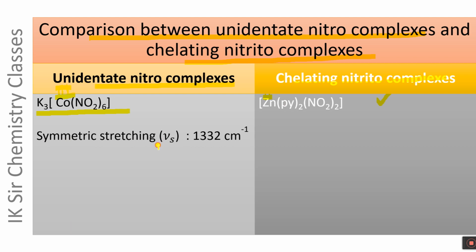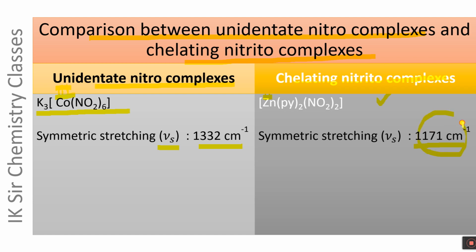Its ν_s is 1332 centimeter inverse, while its ν_s shifts to lower wave number region and it is 1171 centimeter inverse. This is lower than the symmetric stretching frequency of nitro complex.